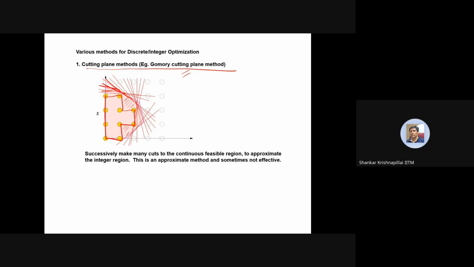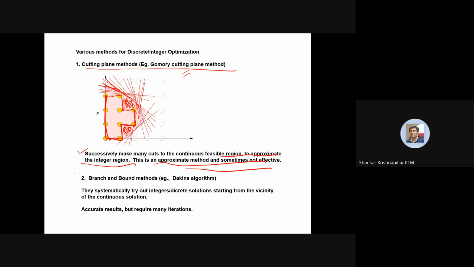So by this Gomory cut method, you can draw all these lines and try to reduce these areas, so that in the end we get this feasible region. Okay. So successively, this method will make many cuts to the continuous feasible region to approximate the integer region. So this is an approximate method, sometimes not effective.